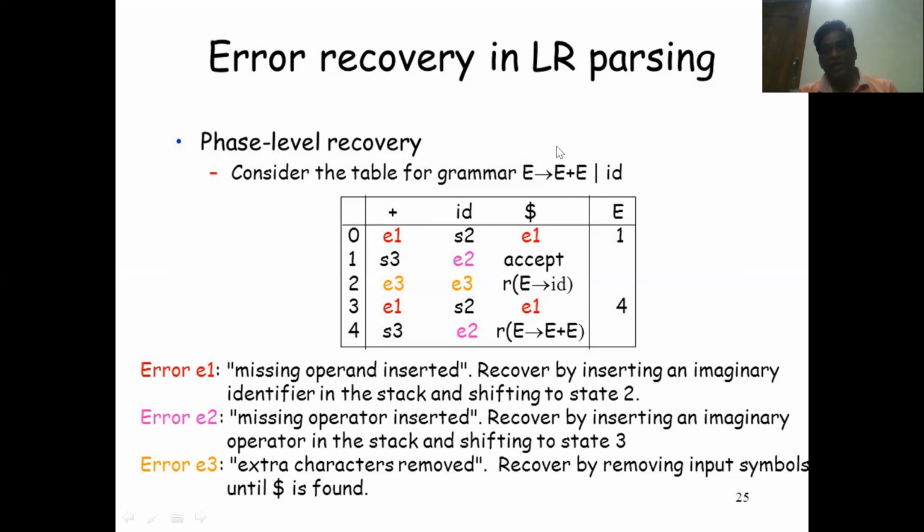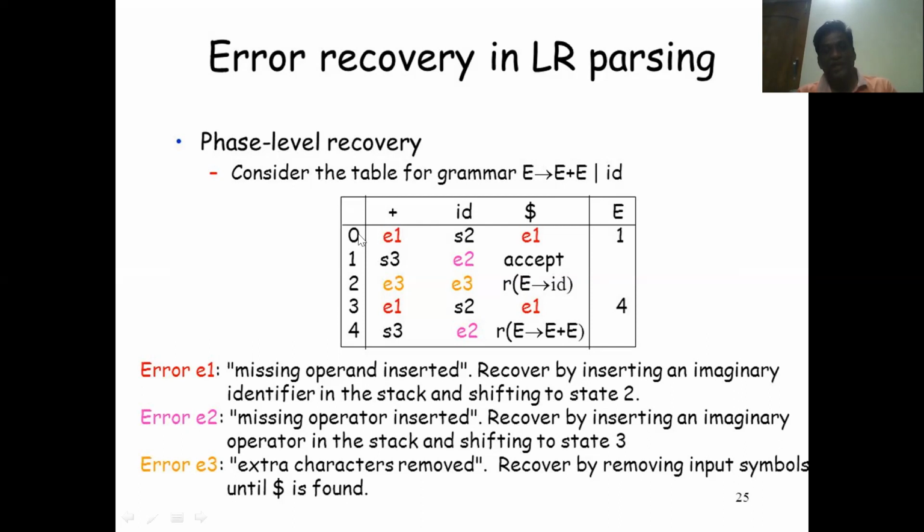Without getting ID here, if it encounters plus directly on state 0, it indicates error 1. What does error 1 mean? Missing the first operand, that is, ID is missing.